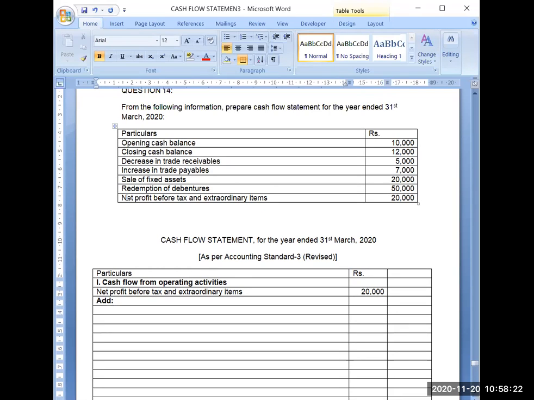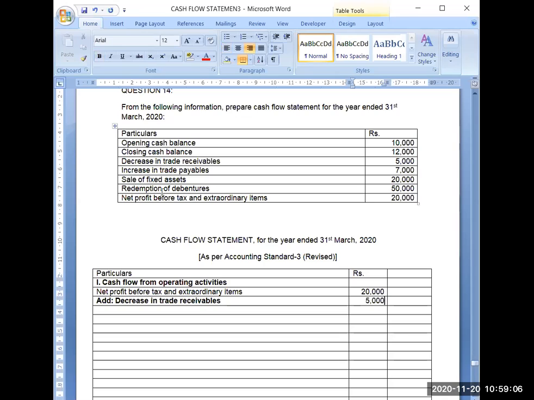Then coming to step 3. Step 3 says adjust the increase or decrease in current assets and current liabilities. That is given here. Decrease in trade receivables is given, which we will add because it is a decrease in current assets. Decrease in trade receivables is 5,000.